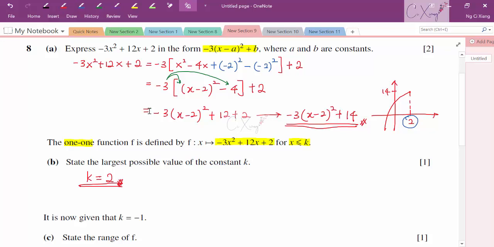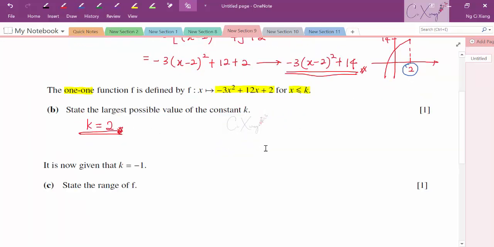Alright, so for the next part, now k is equal to negative 1. They want us to state the range of f. So again, one more time, the original graph might look something like this. Originally this is 2, right? And now they define k, which is negative 1.